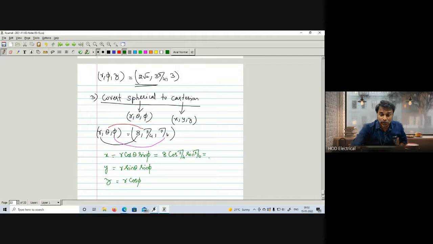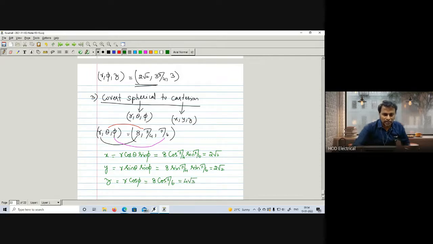So substituting all those values, 8 cos pi by 4 sine pi by 6, we will get 2 root 2. Then y is r sine theta sine phi, 8 sine pi by 4 sine pi by 6, that is equal to 2 root 2. Then z is r cos phi, 8 cos pi by 6, equal to 4 root 3.